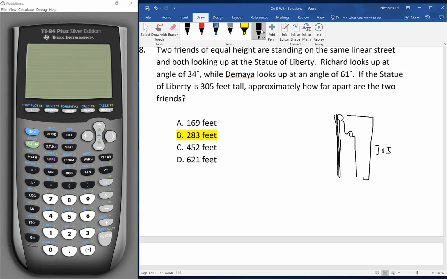And Demaya is going to look up at an angle of 61. So Demaya is going to look up at an angle of, let me draw that a little bit better, 61 degrees, while Richard is going to look up at an angle of 34 degrees.